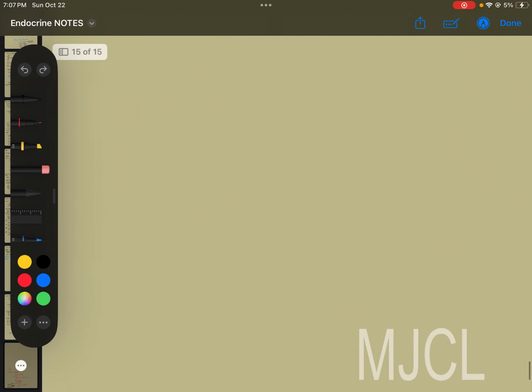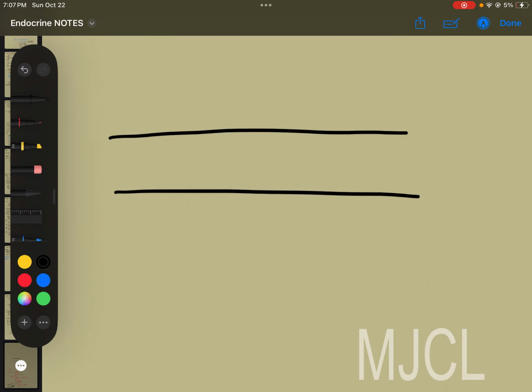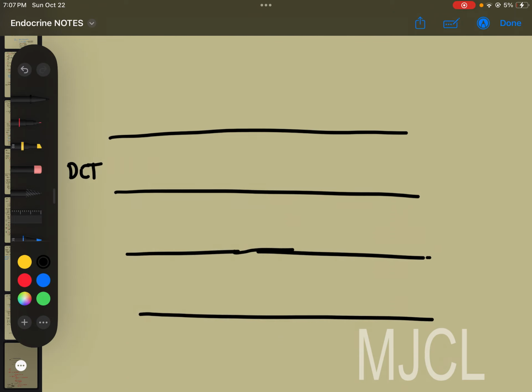Let's say, for example, this is your distal convoluted tubule. This one, your DCT. And this one, running parallel to it, is your peritubular capillaries. This is where blood is. Okay?